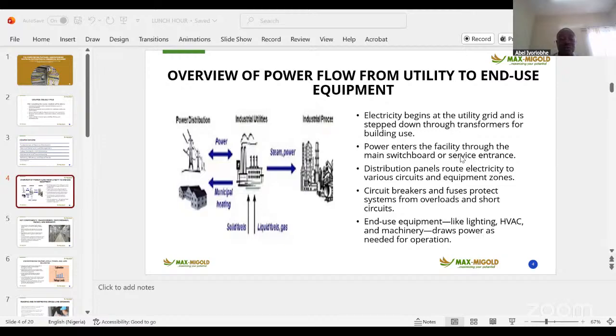So you that are producing, you are not the one that will say what you have produced is fine or is not fine. It is the end user that will justify whether what you are producing is okay or not. So these are components put in place to ensure that electricity is delivered to your building.